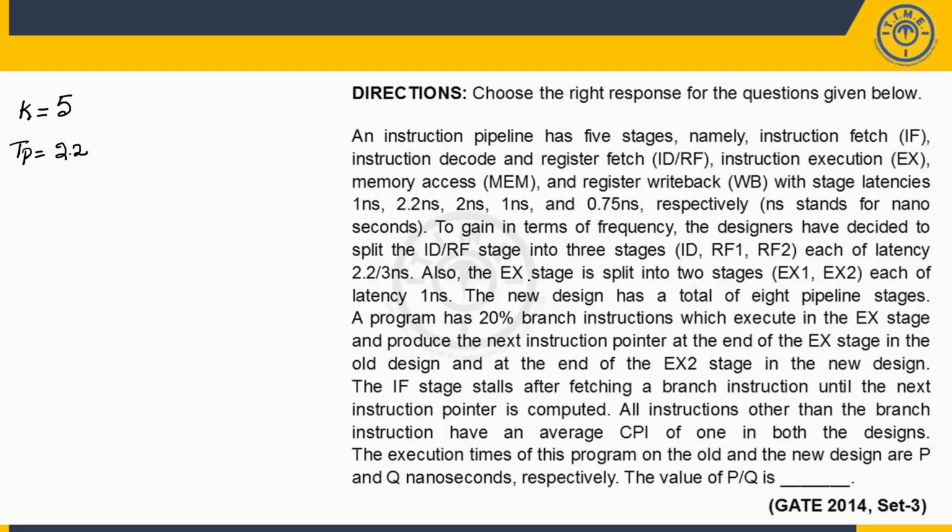So 20% branch instructions means we need to take 0.2. 5 plus 0.2 minus. Hold on. Let me pursue this question.